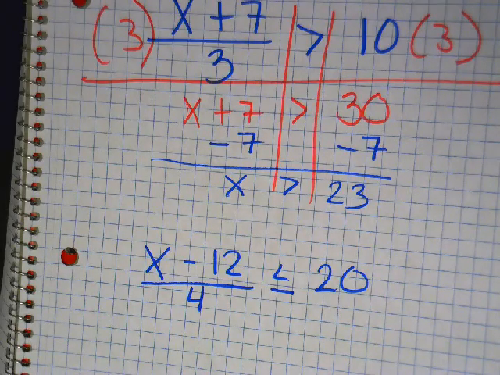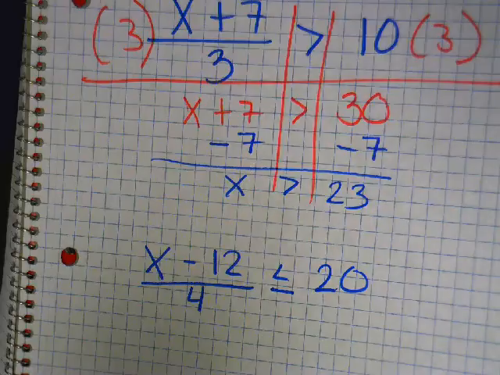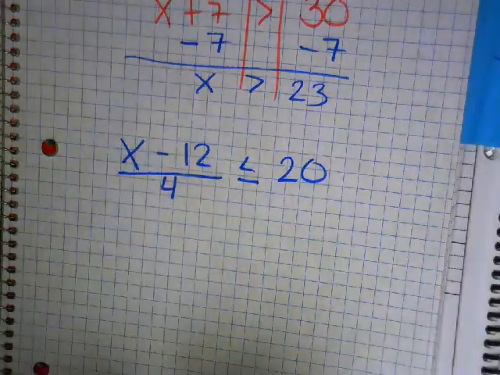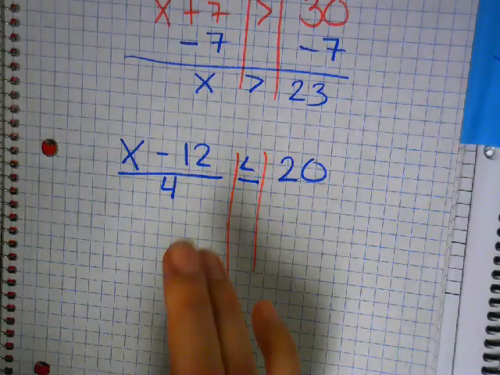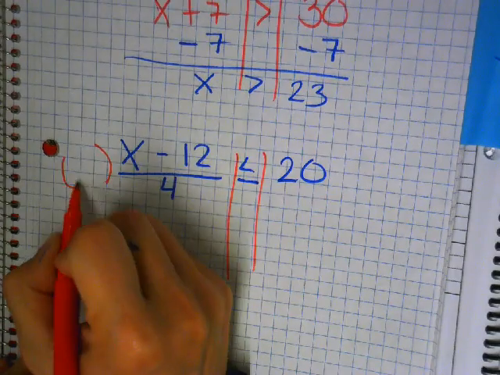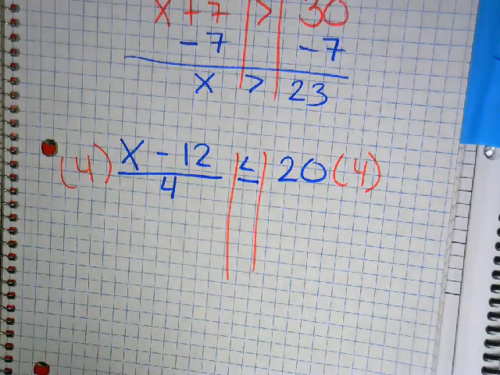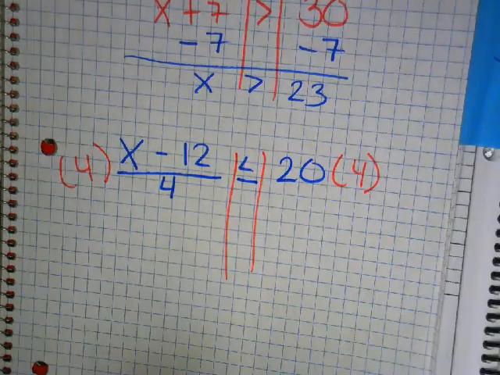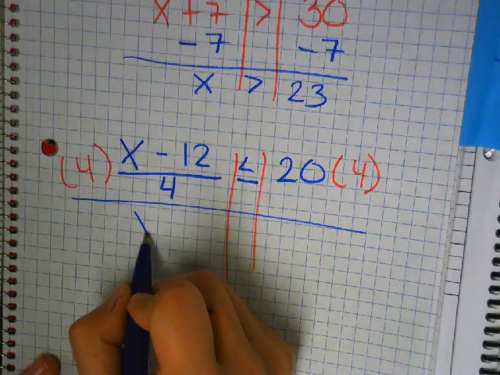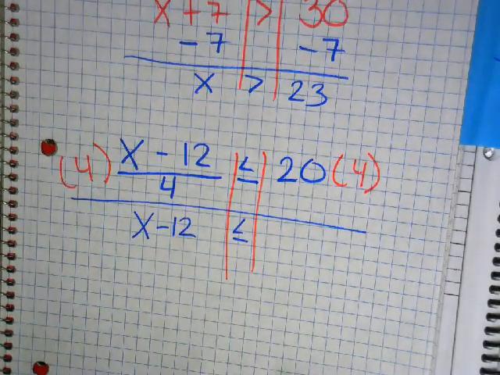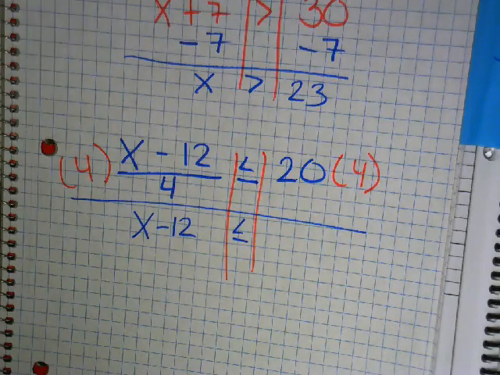What do I move first? What number? 4. Good. 20 times 4? 80.